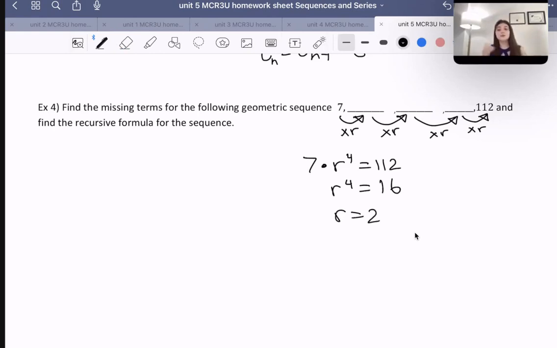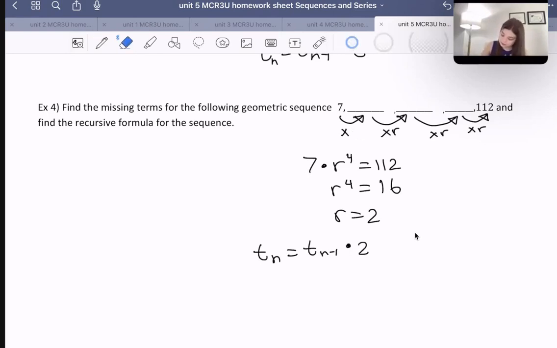Because 2 to the power of 4 is 16, or the fourth root of 16 is equal to 2. So r is 2, so we can use the recursive formula, which is that to find any term, we must take the previous term and multiply by 2 in order to find all the answers.